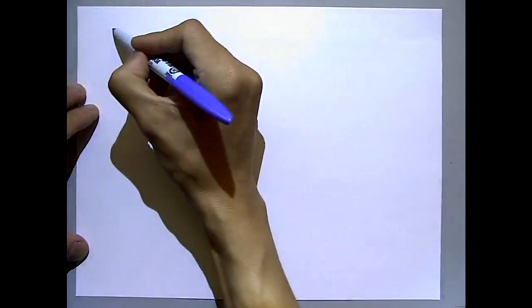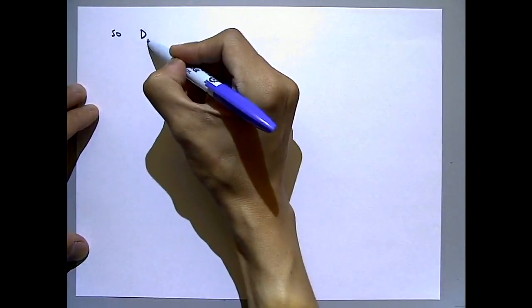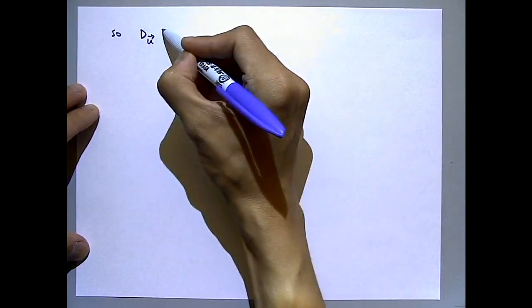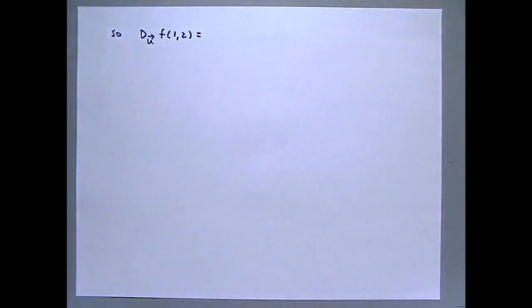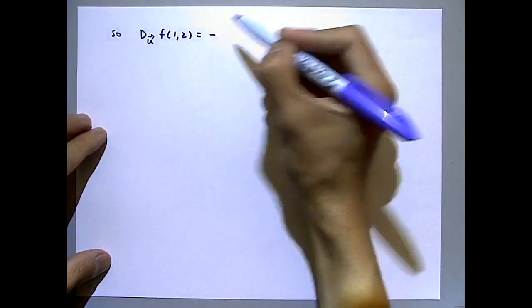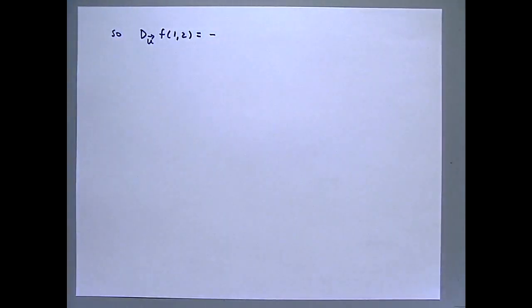You simply put them together according to that formula we have. So the directional derivative of the function at (1, 2) is equal to the partial with respect to x at x equal to 1.